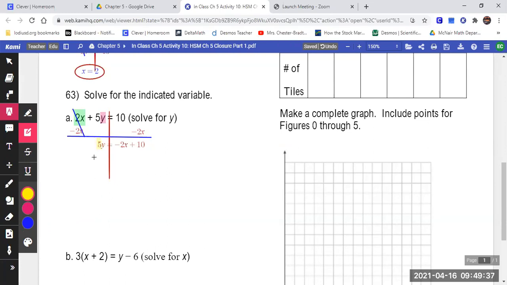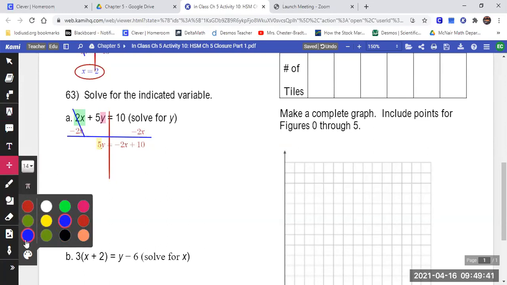We have to get this 5 out of here now with the big one. So what am I going to do to get that 5 out of there with the big one? Same thing we did before with the big one. What did we do? How does the big one work?